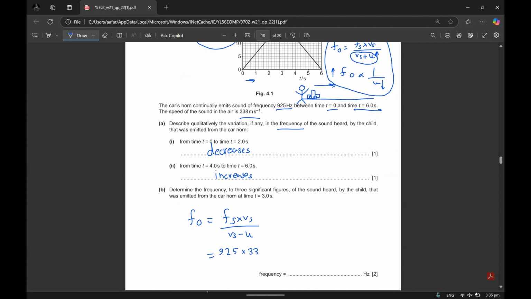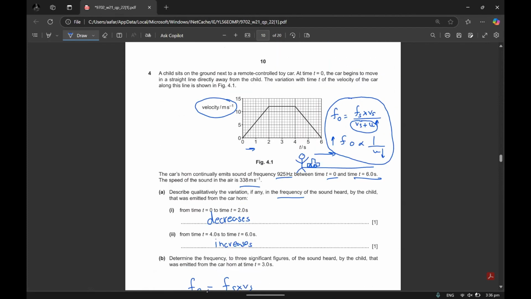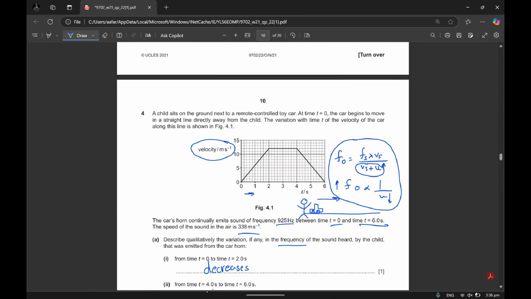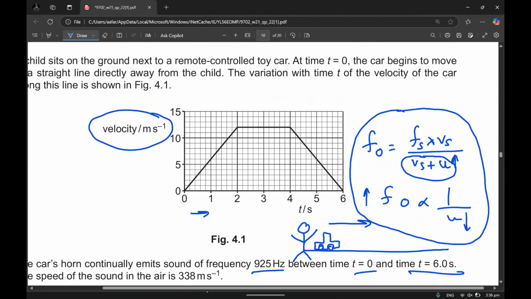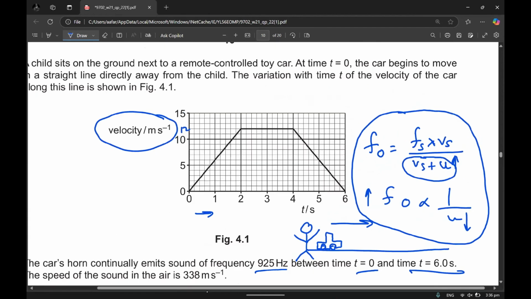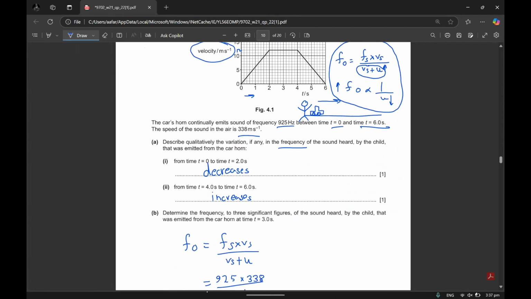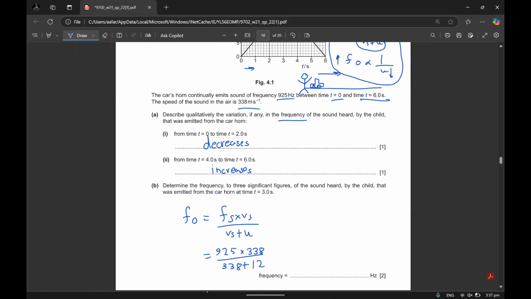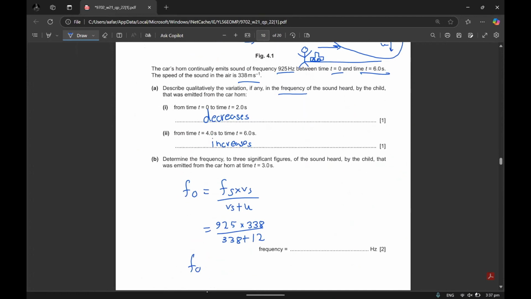The speed of sound is 338, with 338 plus the speed of the car. At time t equals 3 seconds, the velocity of the car is 12 meters per second. So the observed frequency you get is 893 hertz.